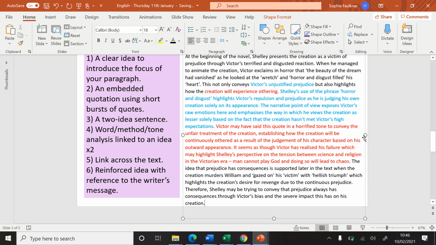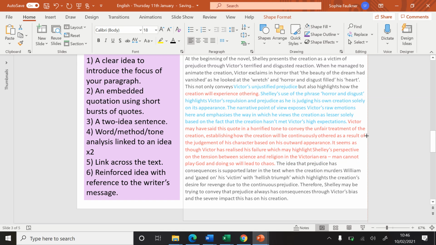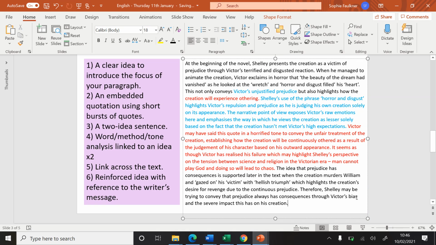So just to touch on the idea of bias here, that links again to the narrative point of view. If you're hearing an event or an opinion of an event through one character's perspective, there's going to be bias because you're only hearing one side of the story.